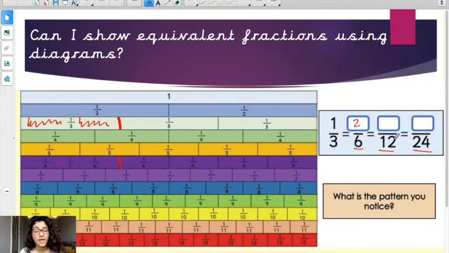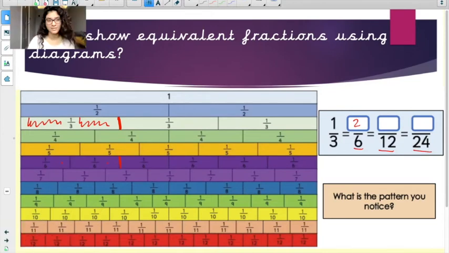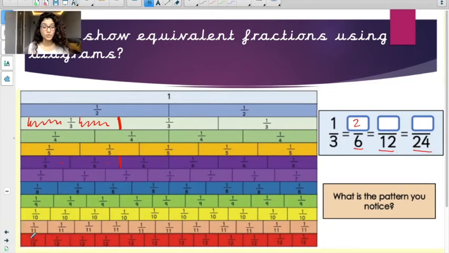Let's try with creating a fraction that has a denominator of 12. I'm going to move my voice. You're going to find the 12 bar, which is here because all the denominators here are over 12. Then follow the pattern. So you follow where the line for the 1/3 stops. Keep going down. So we've done a 6th already. Keep going down until you hit the bar model.